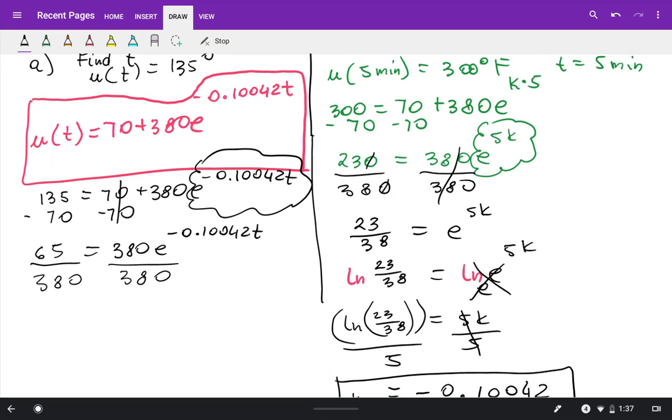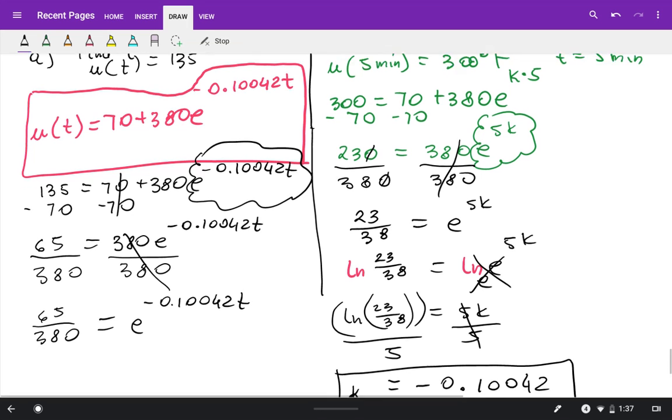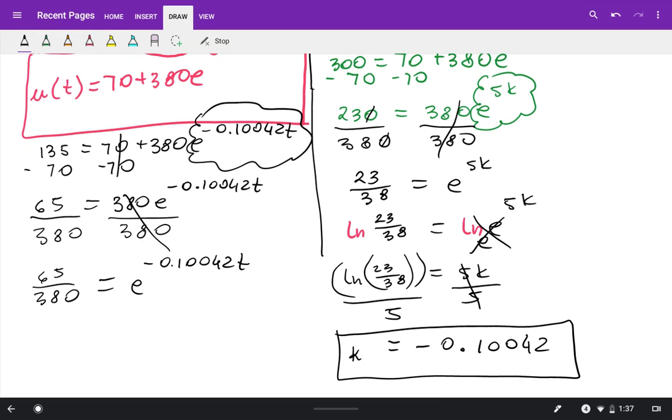And that will be 65 over 380 equal e to the power of negative 0.10042 t. Is 65 over 380 a nice decimal? No, so I'm going to keep it as a fraction. I'm not going to reduce it because I will plug everything into a calculator.